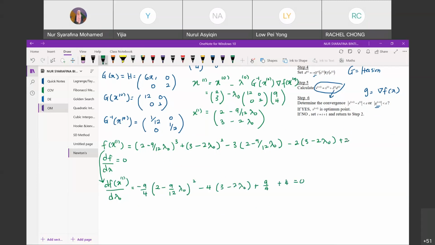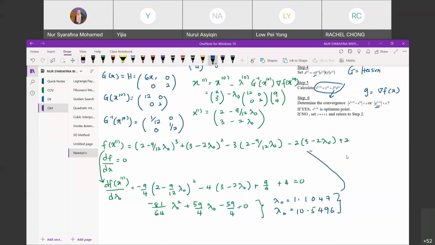Solving this will obtain a quadratic equation in lambda. Solving this will give you lambda naught equals 1.1047, and lambda naught equals 10.5496. So you need to test which lambda here will give the minimum function value.